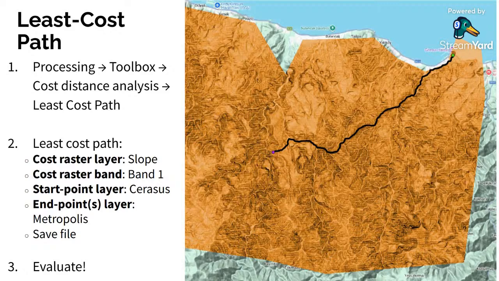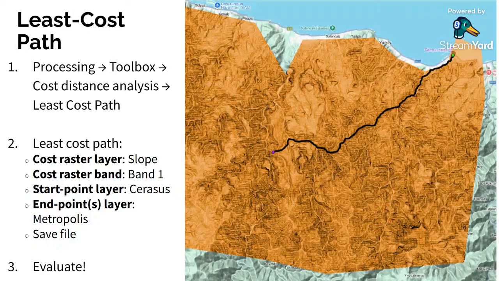That's what is actually determining the cost of what you're doing. And then your cost raster band: we just have a single band since it's a DEM, so it's band 1. This is for other types of raster data, which can use color bands or things like that. That's much too far advanced and not relevant to what we're doing.